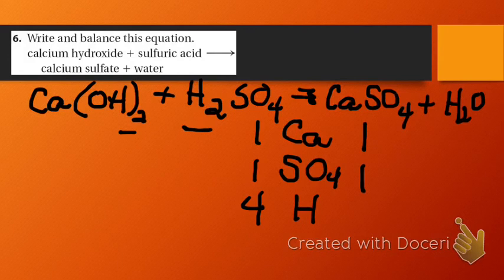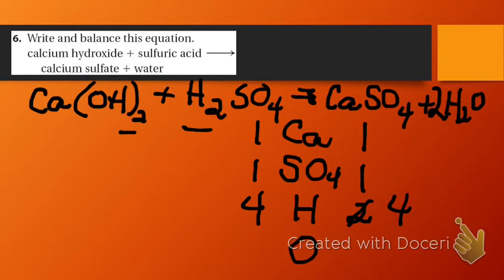On the right, I have 2 in my H2O. Okay, I need more hydrogen. It's not balanced. So I need more on my right. I'm going to put a 2 in front of my water. Okay, now 2 times 2 hydrogens. That gives me 4. Looking good.